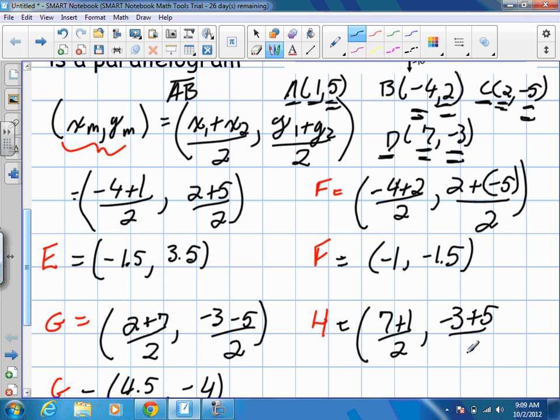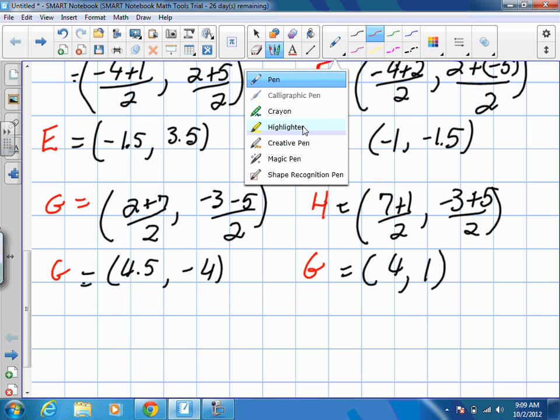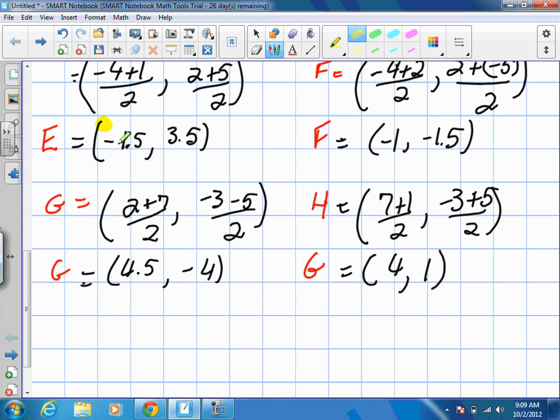We really only need the coordinates. 8 divided by 2 is 4. Negative 3 plus 5 is 2. 2 divided by 2 is 1. So here are our coordinates. These are what's important to start. We found all of the midpoints, which are these values here.